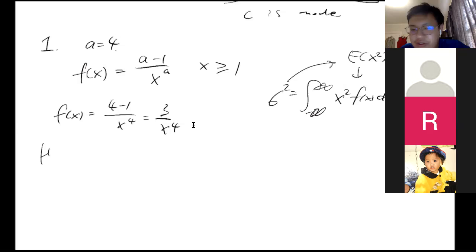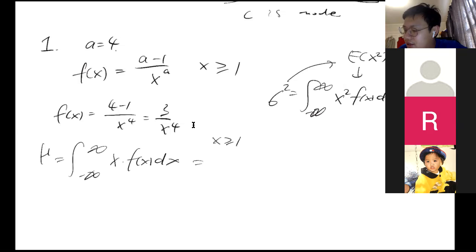So we need to find mu first. Mu is defined as the integral from negative infinity to positive infinity of x times f(x) dx. But since our range for the random variable is x greater than 1, we only care about 1 to positive infinity, x times 3 over x to the 4th. That's our function.